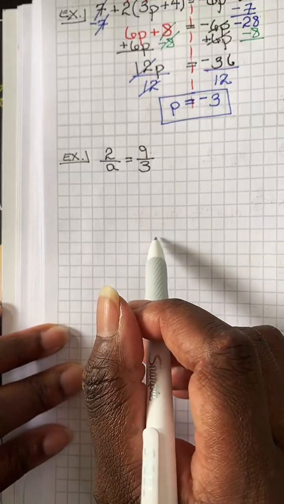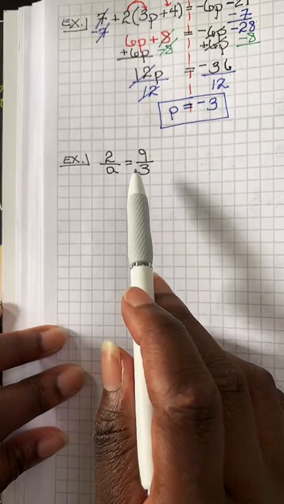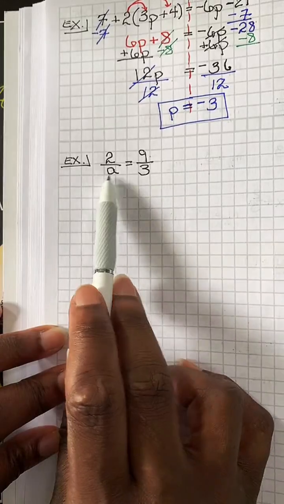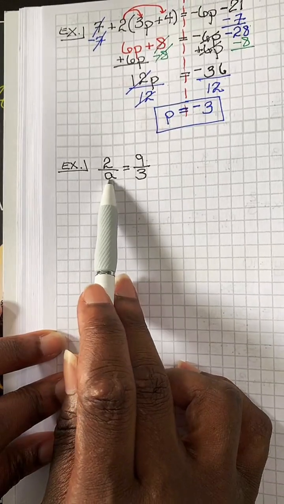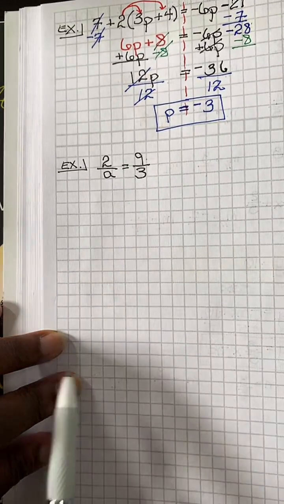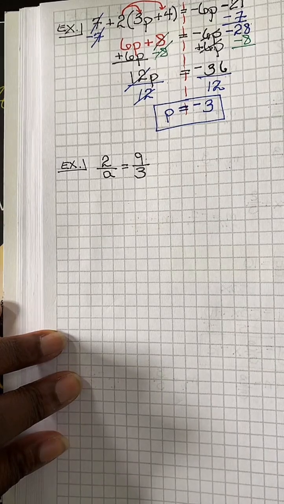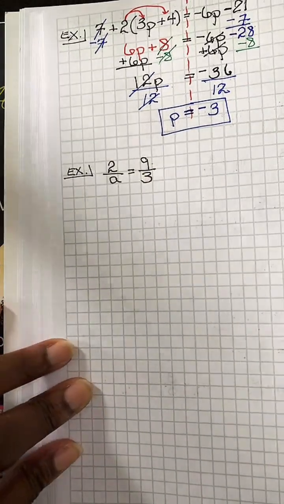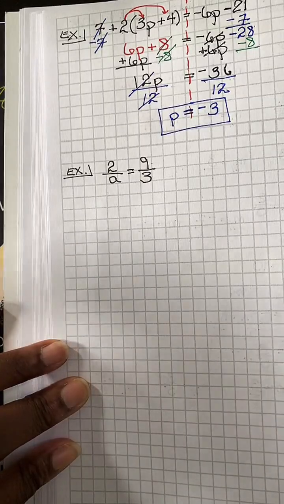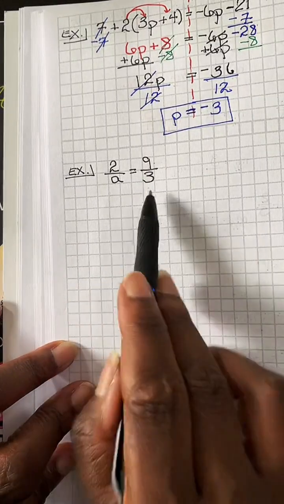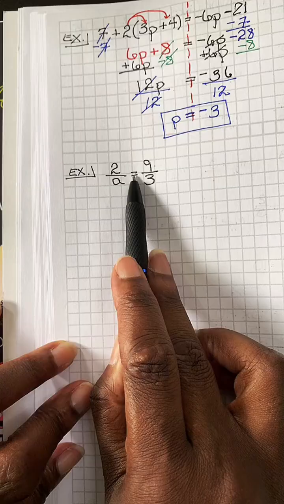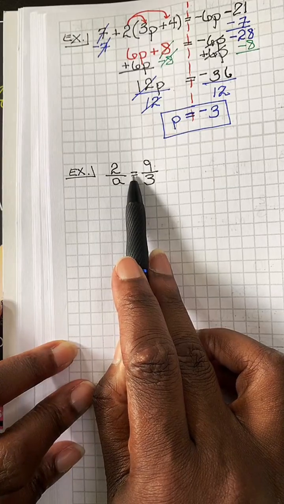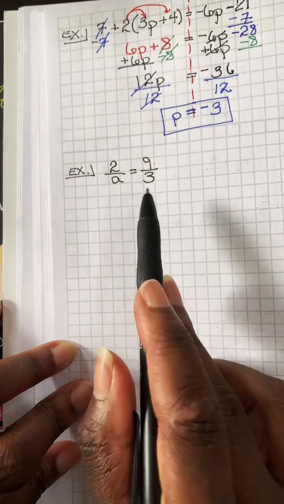Okay? All right. So, when you have a proportion, which is a ratio that equals a ratio, you have to do what's called cross multiply, not cross simplify. It's cross simplify when it is just a multiplication symbol. It's called cross multiply when it's an equal sign.